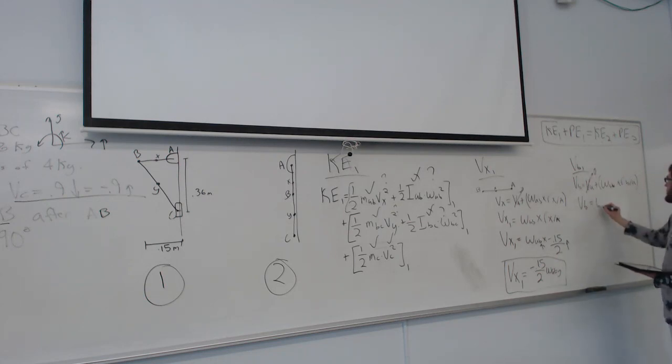Velocity of B is then the angular velocity of rod AB crossed with the position vector to B from A. That's negative 0.15 meters in the I direction. Then you do the cross product again, and you get this.